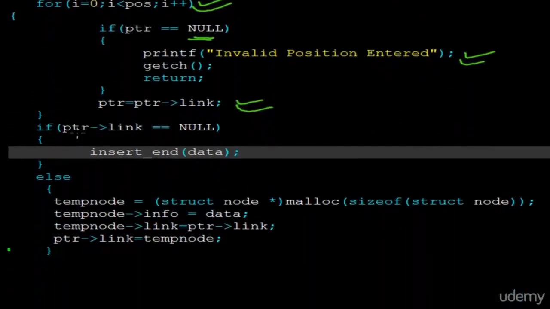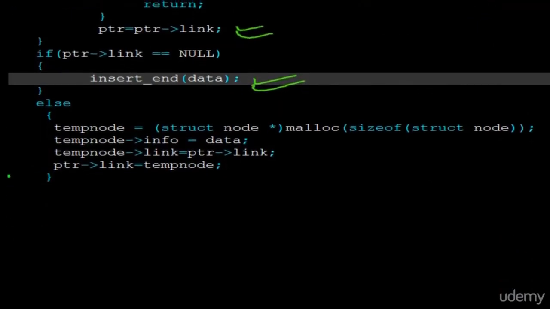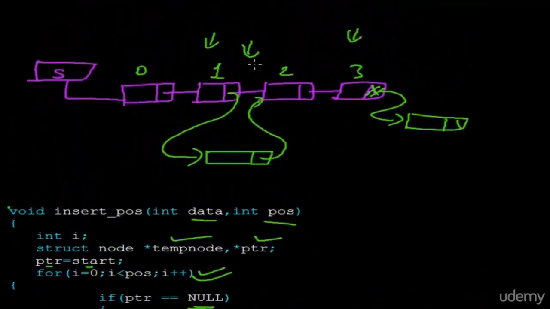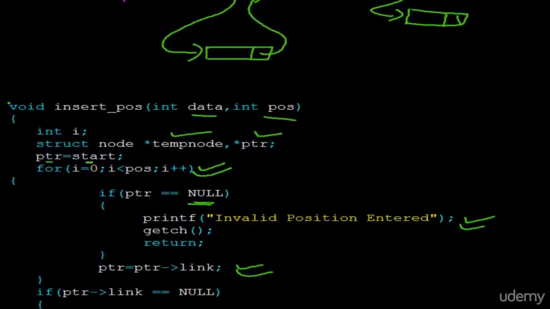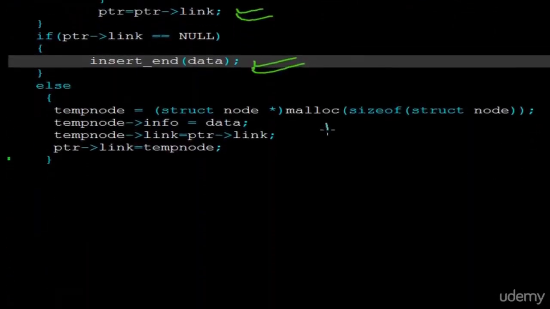So if the ptr's link part is equal to null, then we will call the insert at end function. If not, say the case is like this, that we have entered the position 1 and we want to insert a new node between 1 and 2, then this else part will get executed.